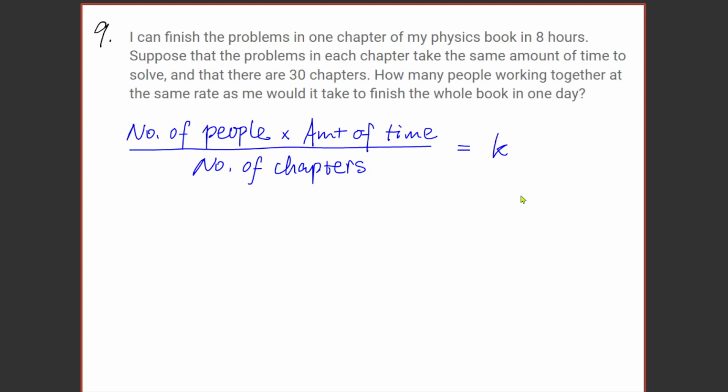We can find k using the information that is given because I can solve the problems in one chapter alone in 8 hours. Therefore, k equals number of people is 1 times the amount of time is 8 hours over one chapter, right? So that equals 8.